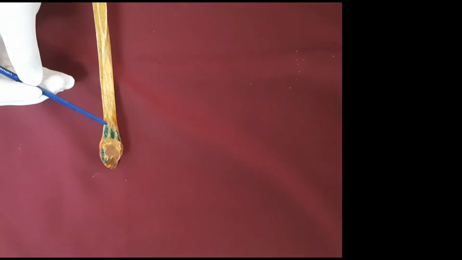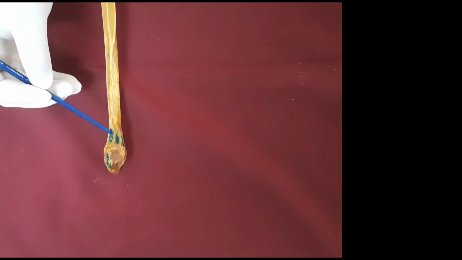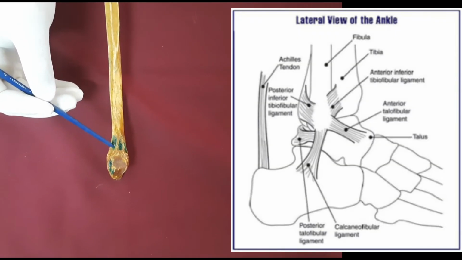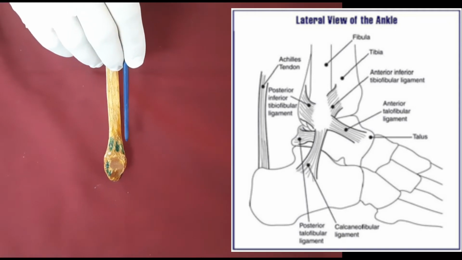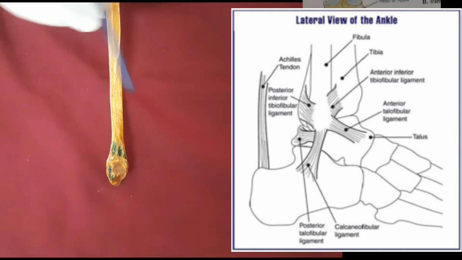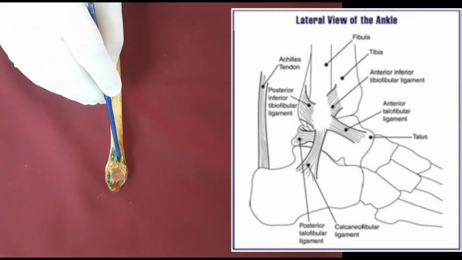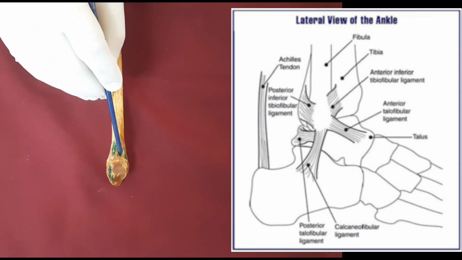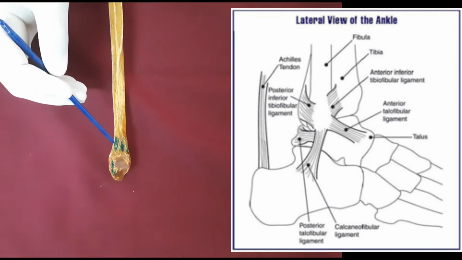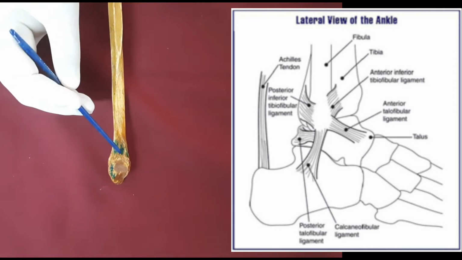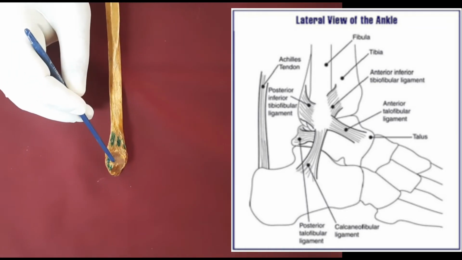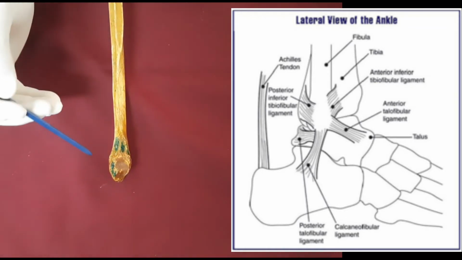The anterior part of this rough triangular area will give attachment to the anterior tibiofibular ligament, while the posterior part will give attachment to the posterior tibiofibular ligament. In between them, there will be the interosseous tibiofibular ligament. So there are three ligaments in this rough area just above the articular facet of talus.